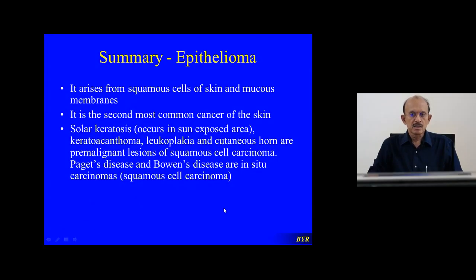Solar keratosis, that means the parts which are exposed to sun for a very prolonged period, we'll get a condition called solar keratosis. Solar keratosis, keratoacanthoma, leukoplakia, cutaneous horn are premalignant lesions of the squamous cell carcinoma. Paget's disease and Bowen's disease are in situ carcinomas.